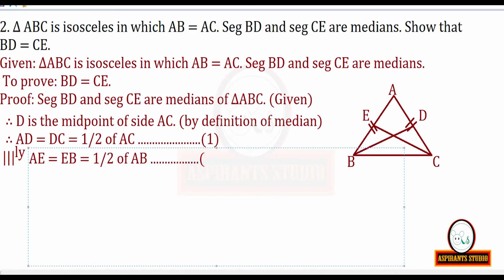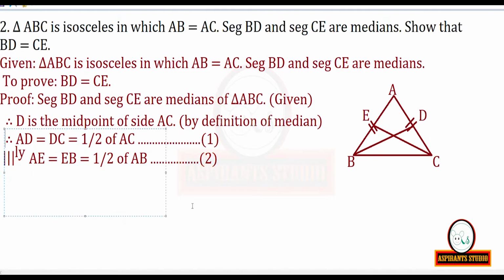Take it to be equation number 2. Also, we are given triangle ABC is isosceles in which AB is equal to AC. So, AB is equal to AC. Take it to be the third equation.